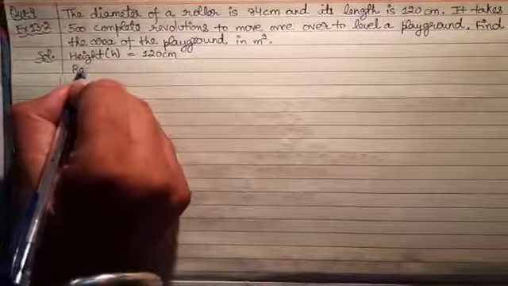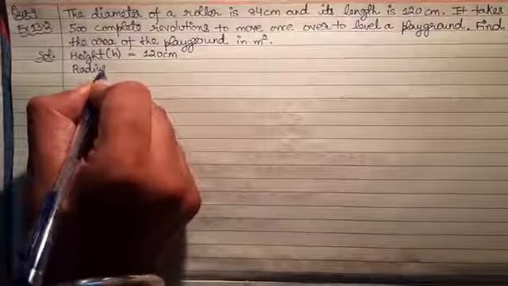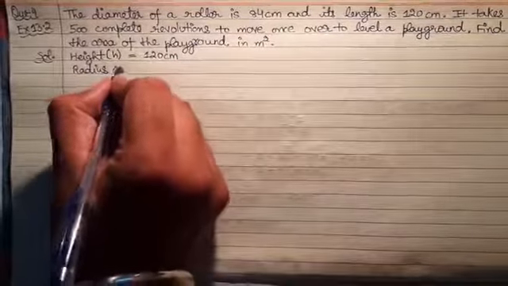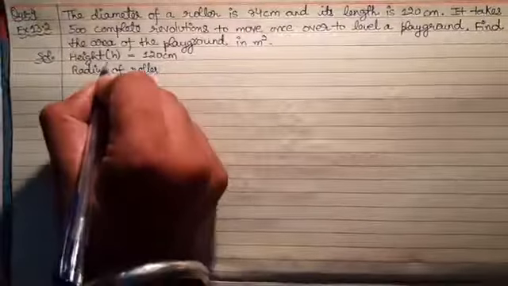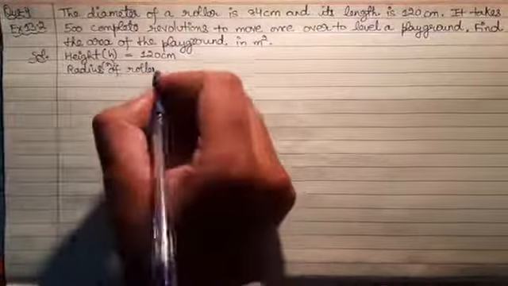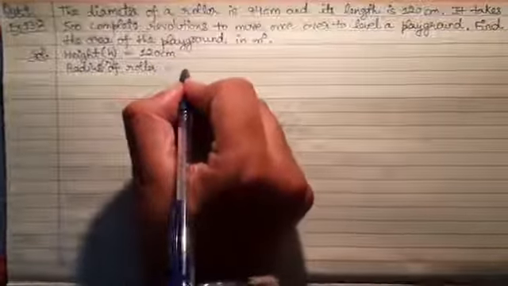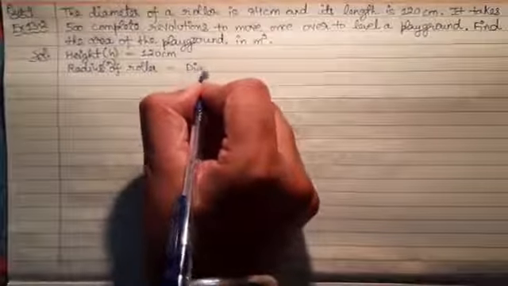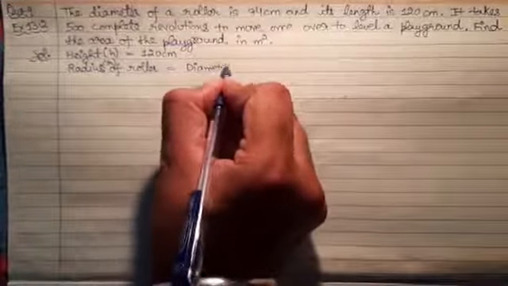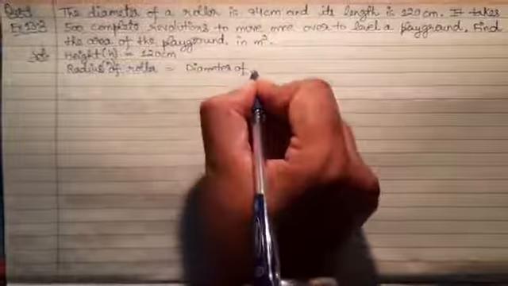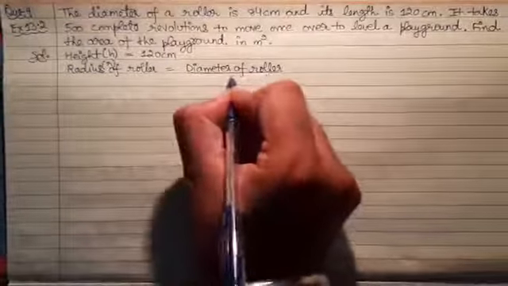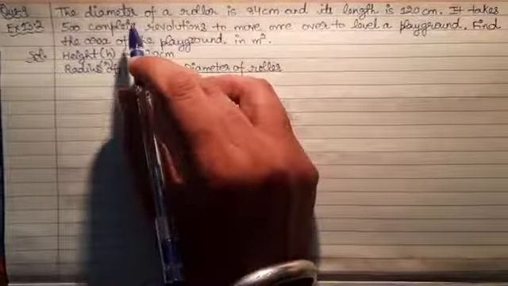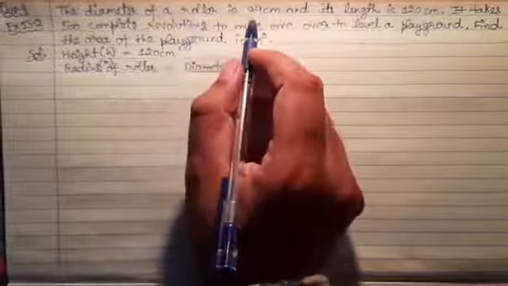and radius of roller, let it take small r, is equal to diameter of roller divided by 2, because in this question diameter of the roller is given.